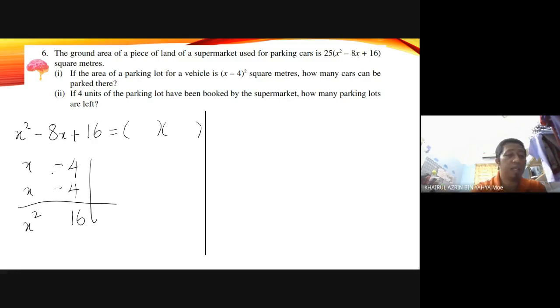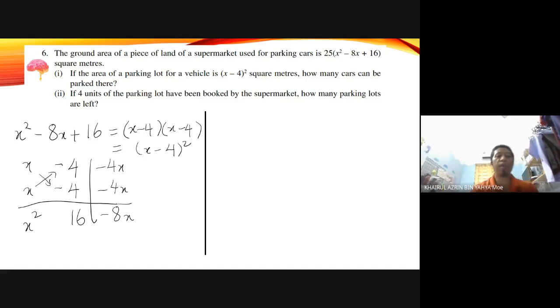And then if we cross multiply, we will get negative 4x, negative 4x, and here we will get negative 8x. So the answer is x minus 4, x minus 4, or we can write it as x minus 4 squared.